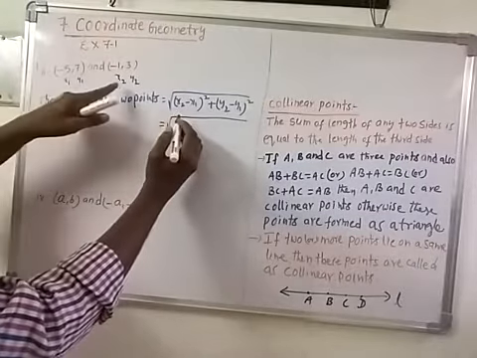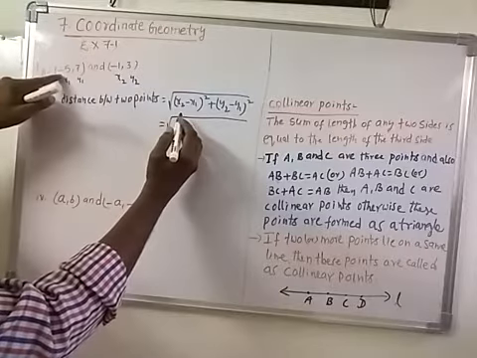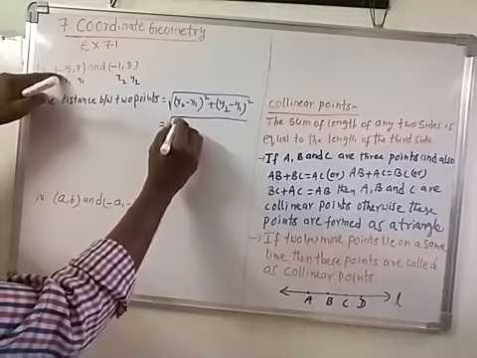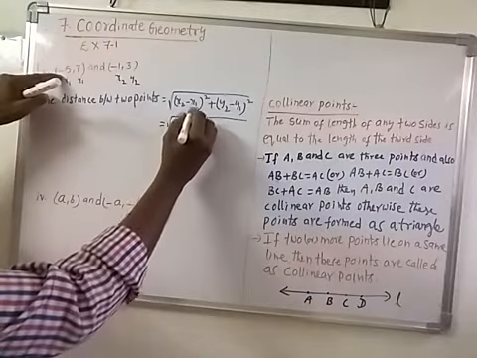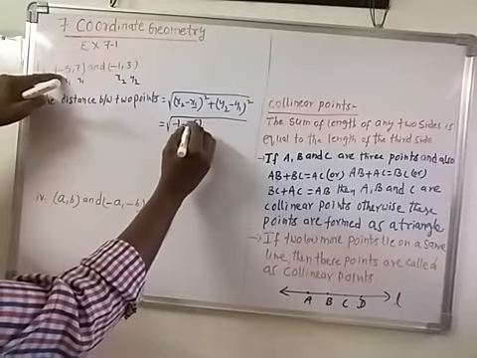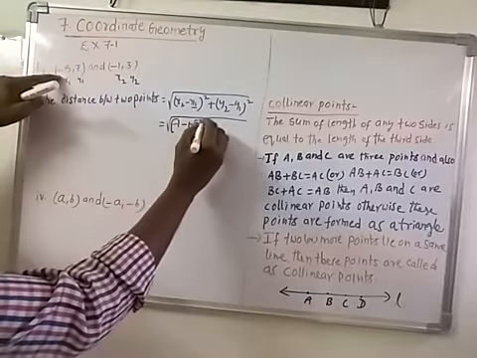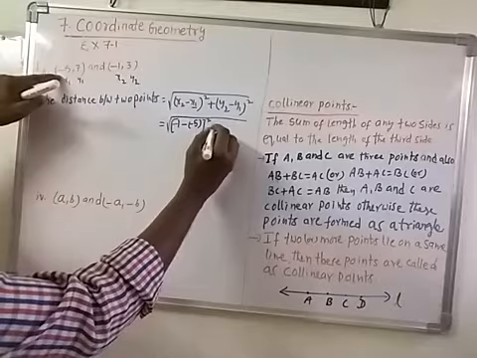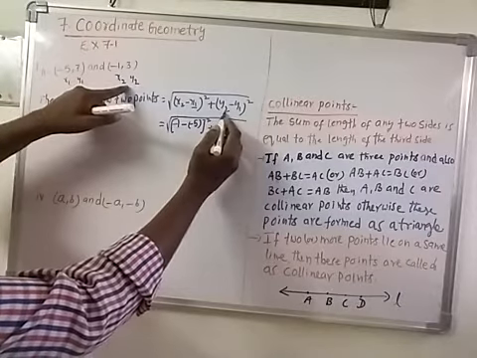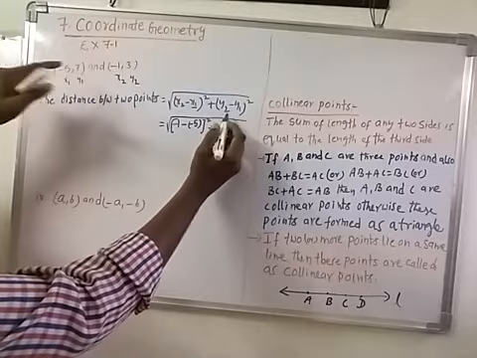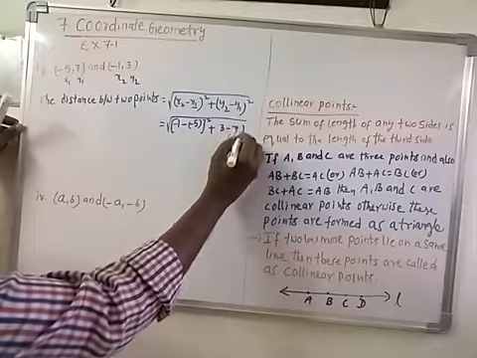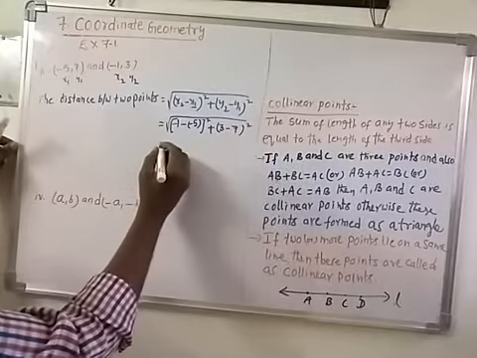So x2 is minus 1, x1 is minus 5. That is, minus 1 minus (minus 5) whole square plus y2 minus y1; y2 is 3, y1 is 7, so 3 minus 7 whole square.